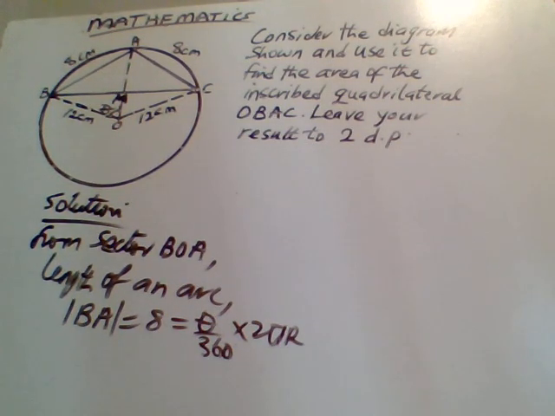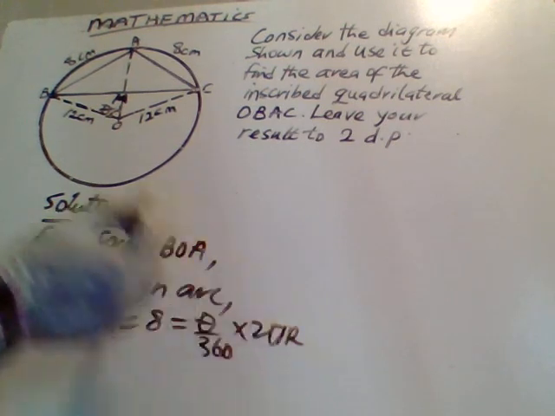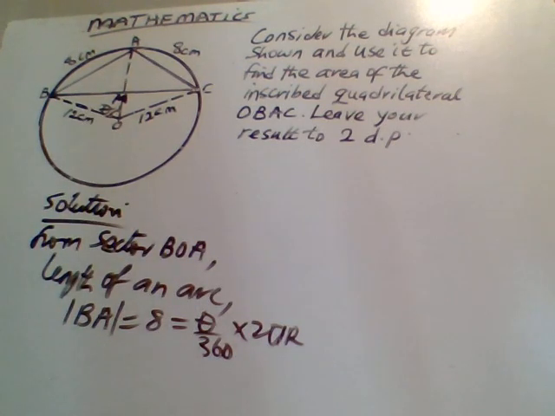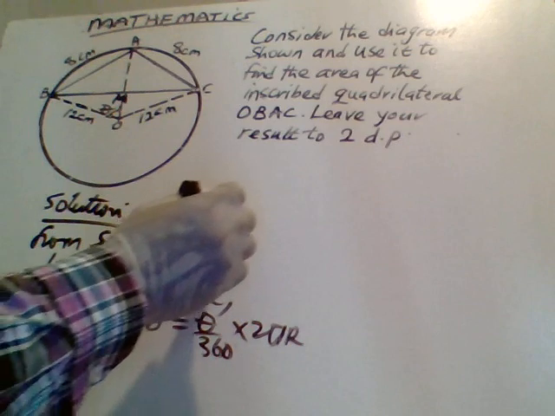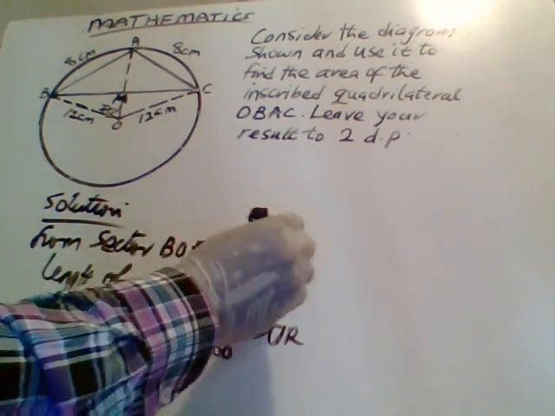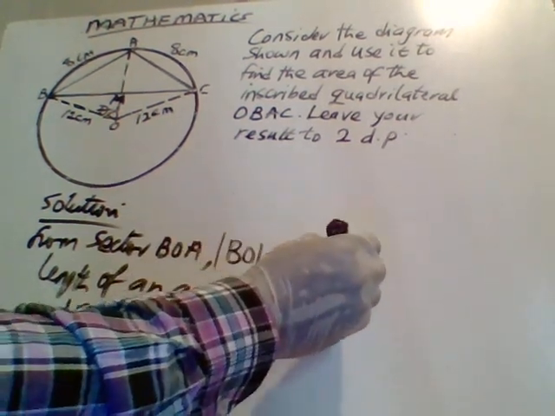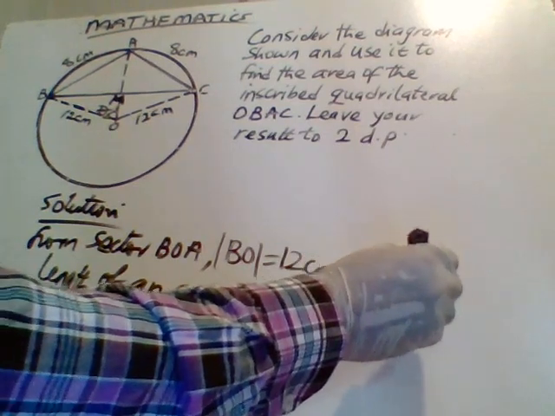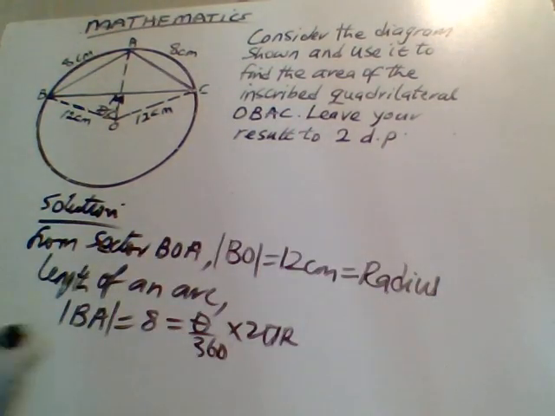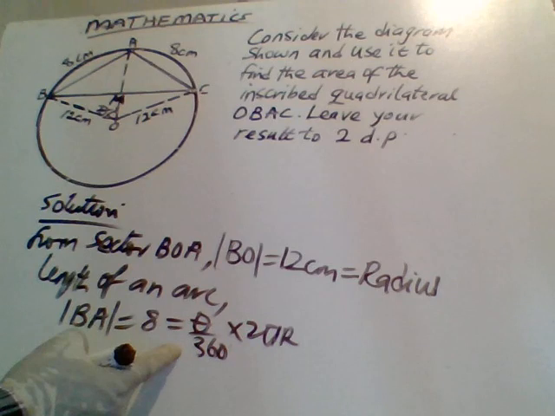Since O is the center of the given circle, notice that BO is given as 12 cm, and this is the radius of the circle. So all you need to do is to put it here.